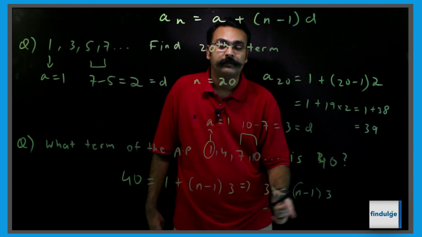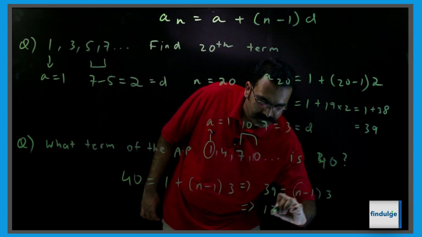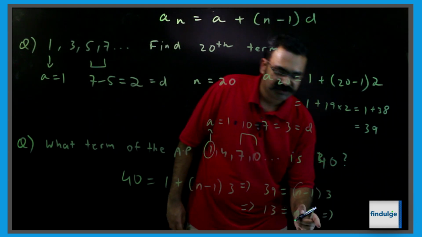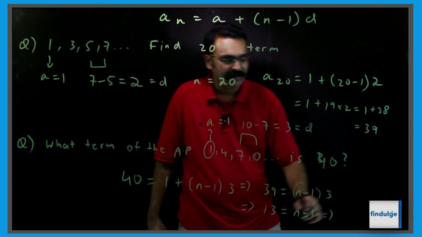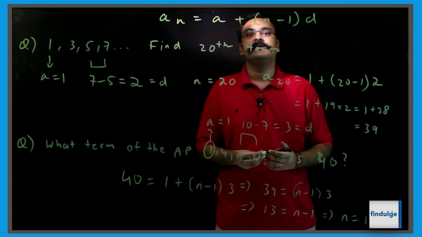Cross multiply, it will become 39 divided by 3, which is 13 is equal to n minus 1, which means shifting 1 to the other side again, n is equal to 14.